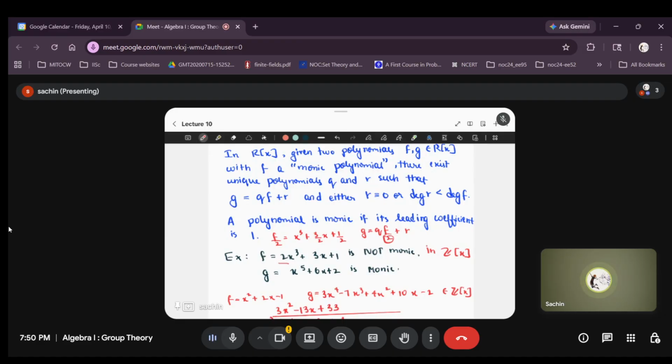That is because 2 is a unit in the rational numbers. The inverse is half. So if the leading coefficient is a unit, you can get around that way: just multiply by the unit and do the division. And if you don't like this form at the end, you can simply multiply both sides.